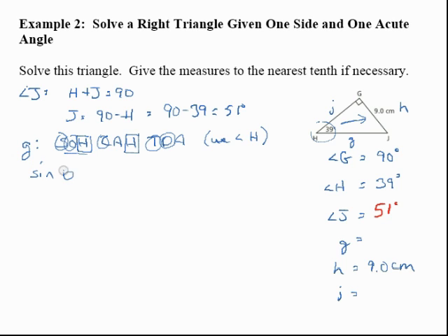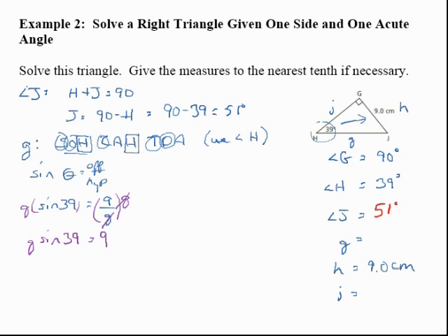So sine theta equals opposite over hypotenuse. Sine of 39 equals 9 over G. With my magic algebra pen, I need to multiply this side by G, which cancels out, and I need to multiply this side by G. And then I have G sine 39 equals 9.